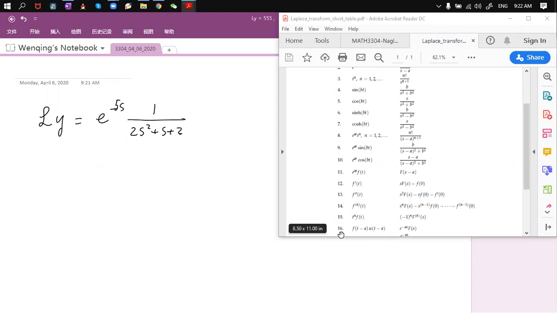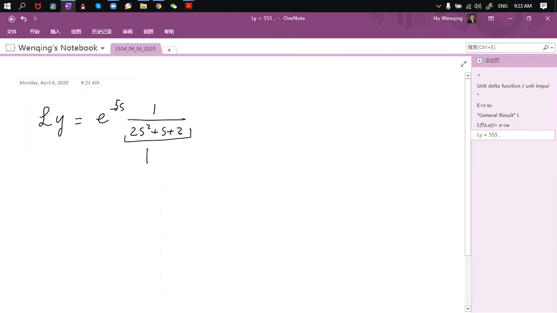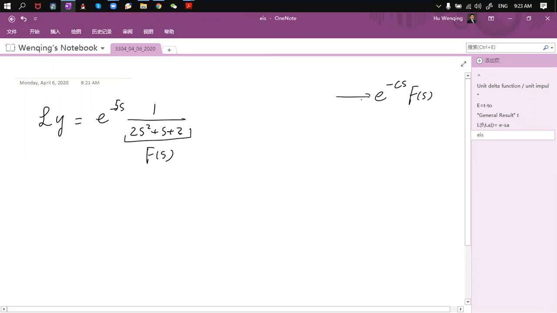From line 11 to line 16, you have to tell yourself what is small f and what is capital F. This one is going to serve as your capital F of s. Remember, if you have an exponential shift e power minus c s multiplied by F of s, this must correspond to a forward shift f of t minus c, right?